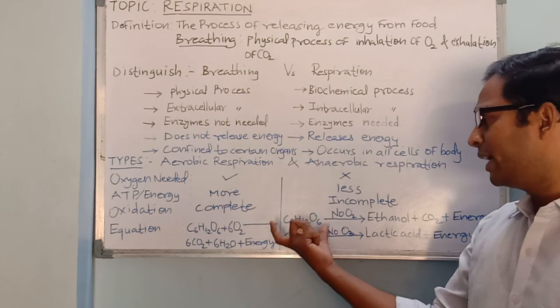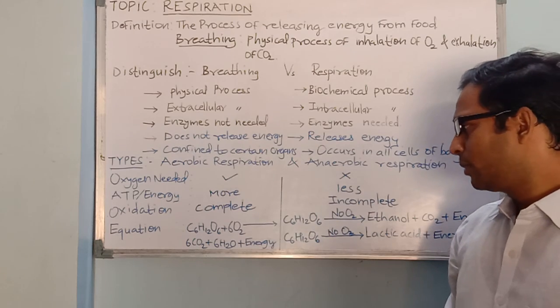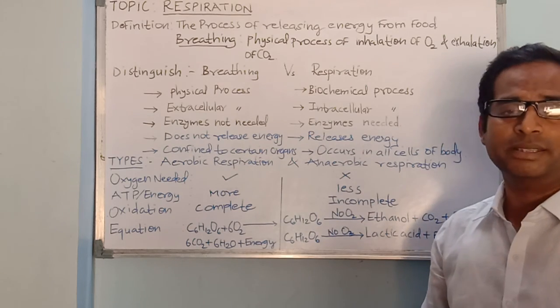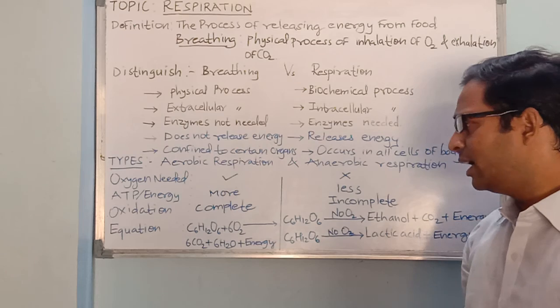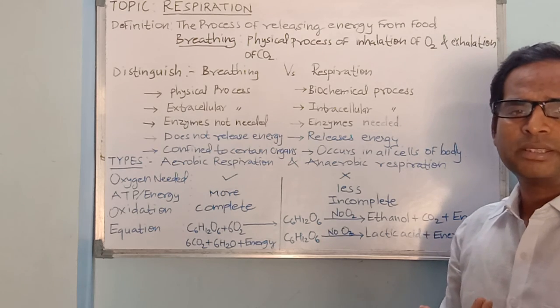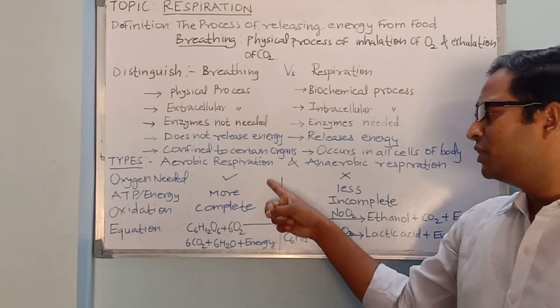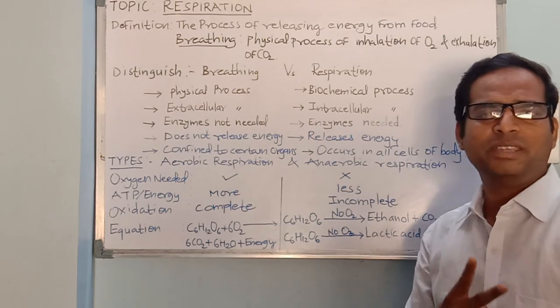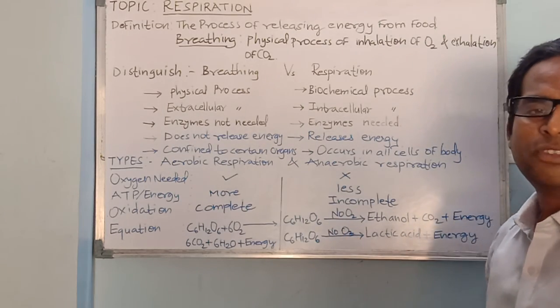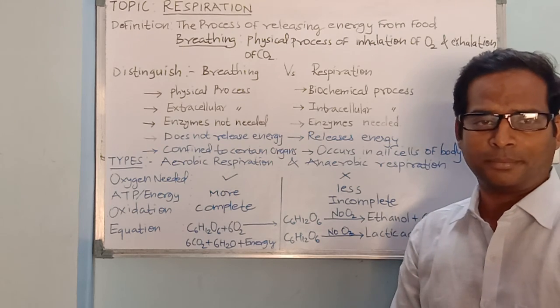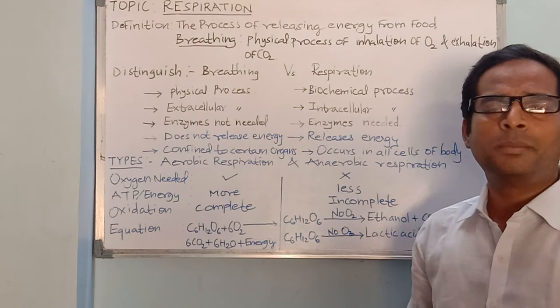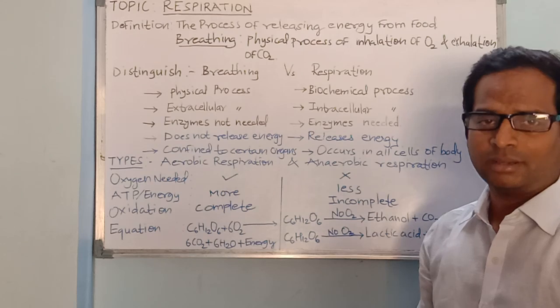So these are the two types of respiration. Both these respirations occur inside the cell. That is, they are intracellular processes. Now, aerobic respiration occurs in two parts of the cell. One part is the cytoplasm, and the second part is the mitochondria.